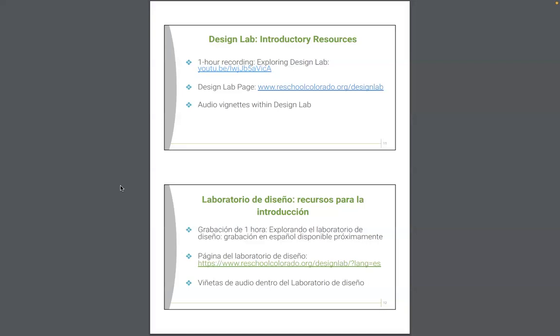And we also created some audio vignettes that are embedded within Design Lab, because what we learned when we iterated on Design Lab and when we had people pilot it and test it out is that it's really helpful to have some examples to go along with the concepts that come along in Design Lab. So that's why those are there. Please use those as they're helpful for you. And hopefully those resources will enrich this recording as well.